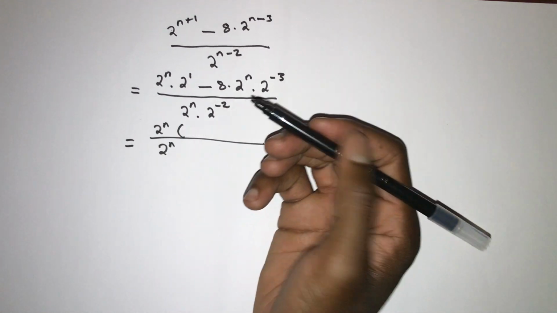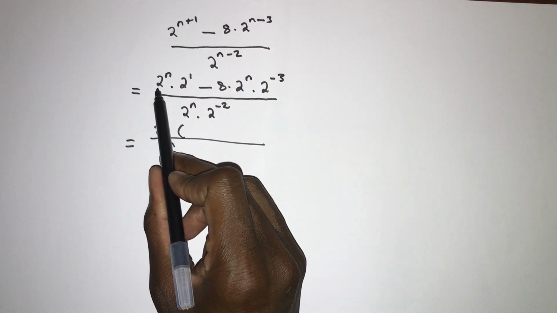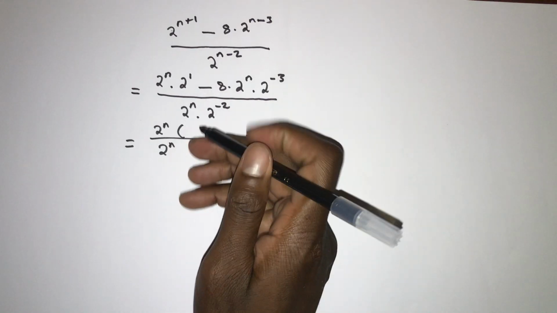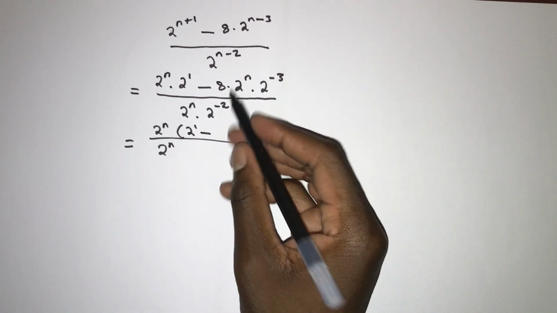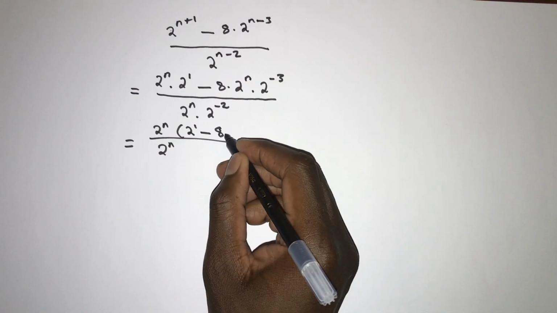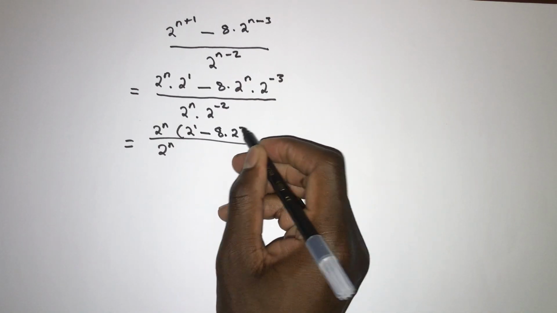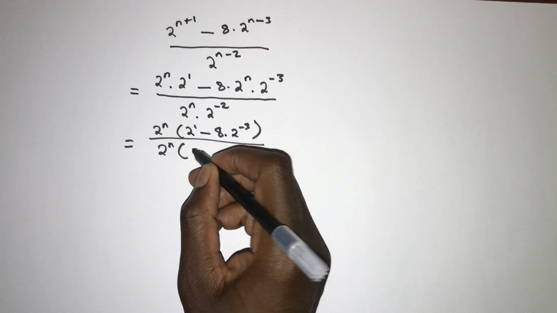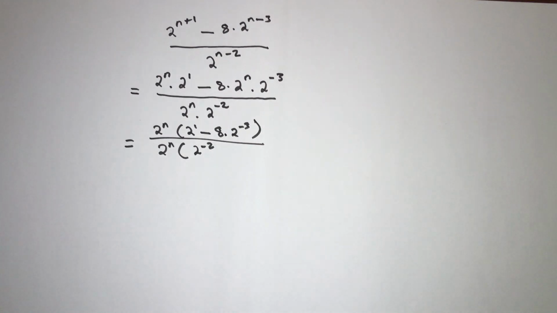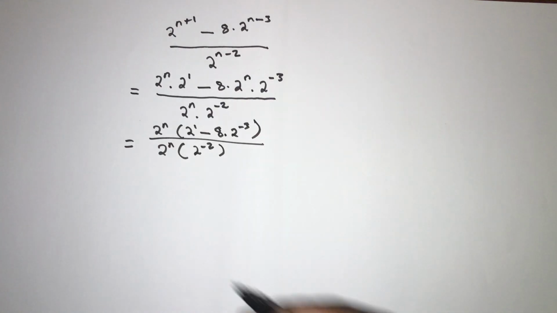And then up here, since we took 2 exponent n, that means we are left with 2 to the power 1. So that is 2 exponent 1. Minus, here we are left with 8 times 2 exponent 3. Then divide. Here we are left with 2 exponent 2. So we move.